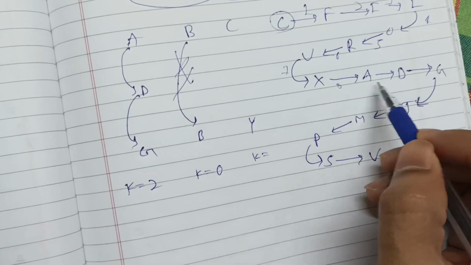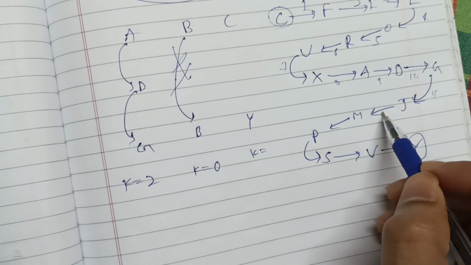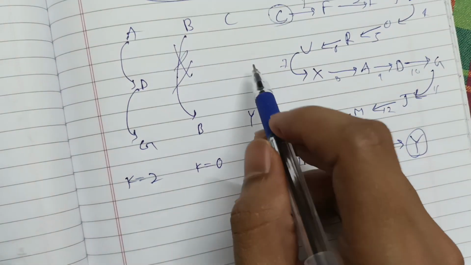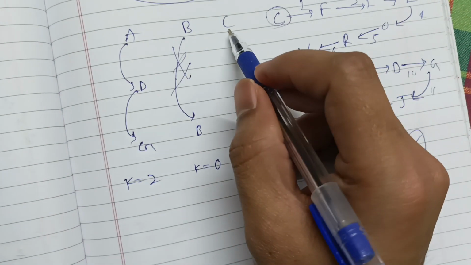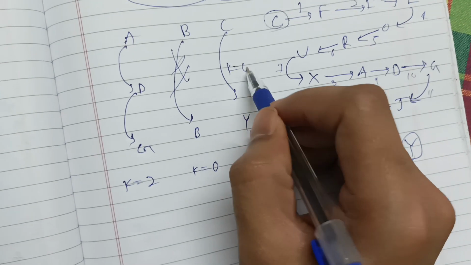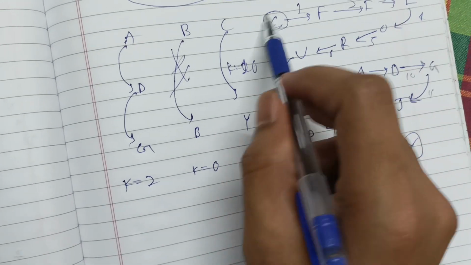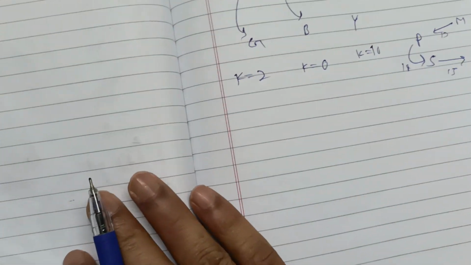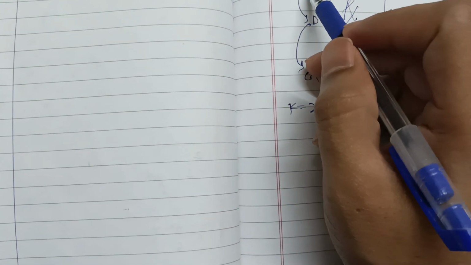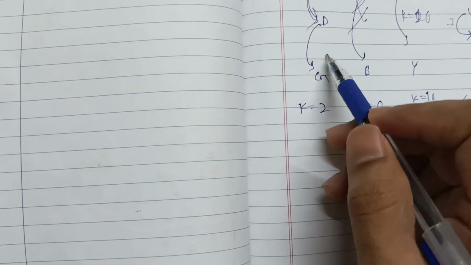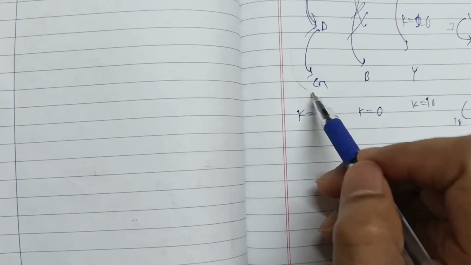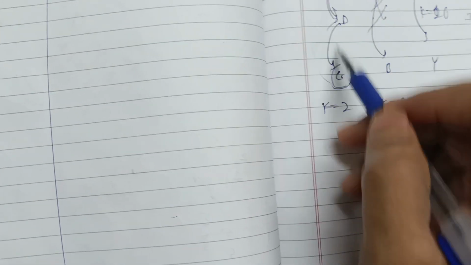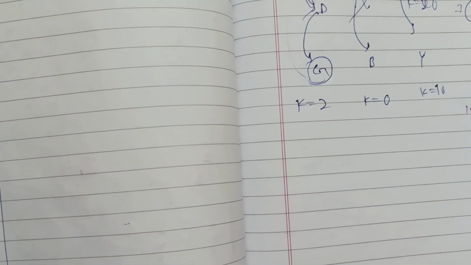So finally counting, k equals 1, 2, 3, up to 16. So in this case k equals 16. In 16 moves you can reach from C to Y. So simple. We run a loop to find the number of k so that we can reach from the initial position to the target letter.